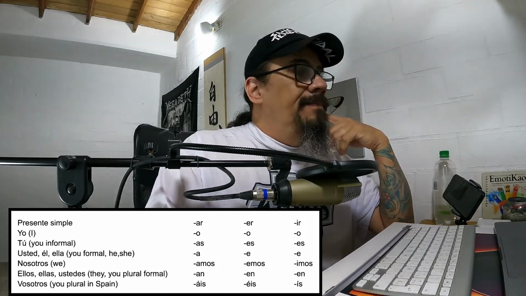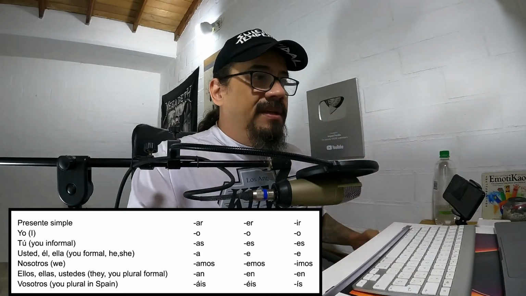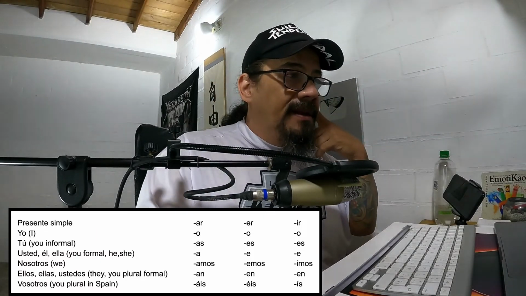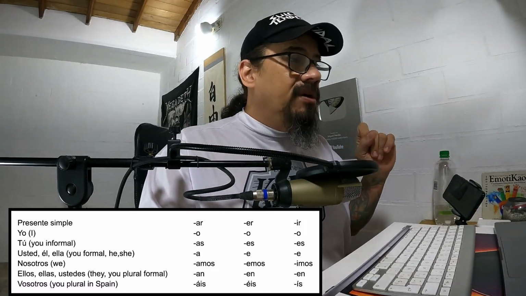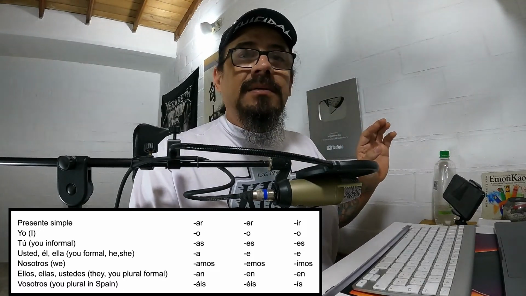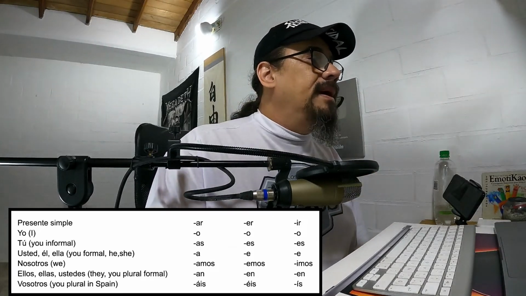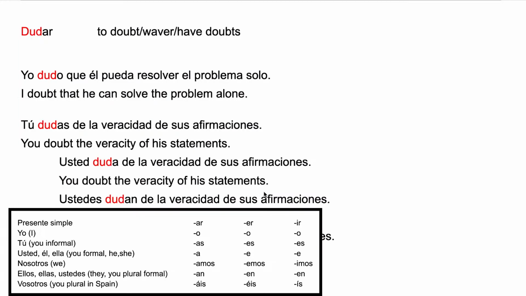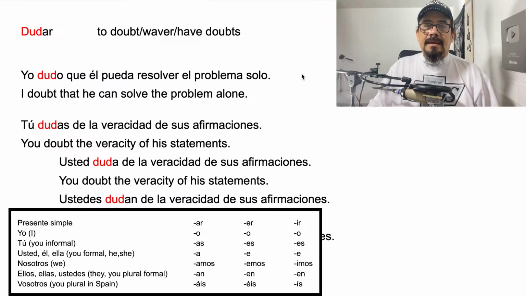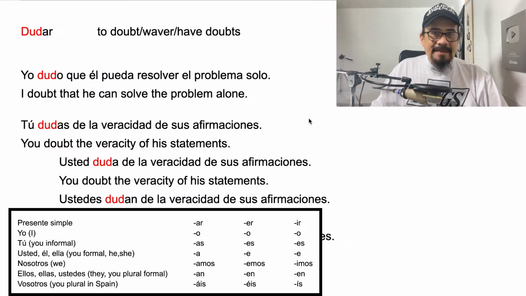So let me see if everything is working okay, if the audio is okay, if the video is okay. According to my software, everything should be working perfectly, so if you don't mind, we can start right away. Give me just a second. I'm having some issues here with the camera.